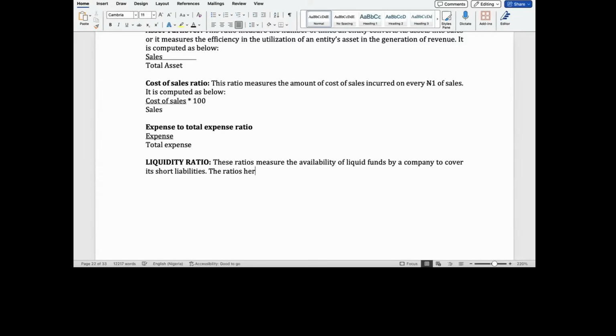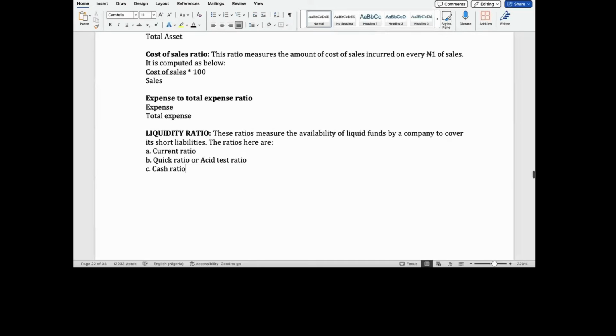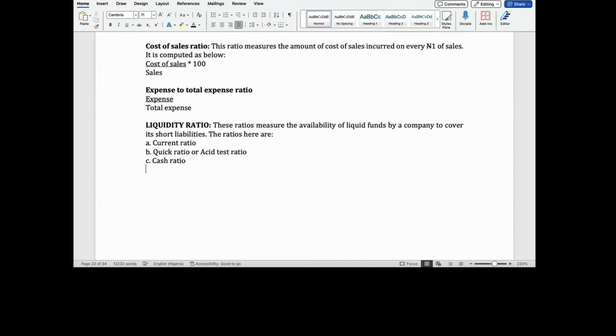The ratios here are the current ratio, the quick ratio, which is also called the acid test ratio, and the cash ratio. These are the three commonly used liquidity ratios.